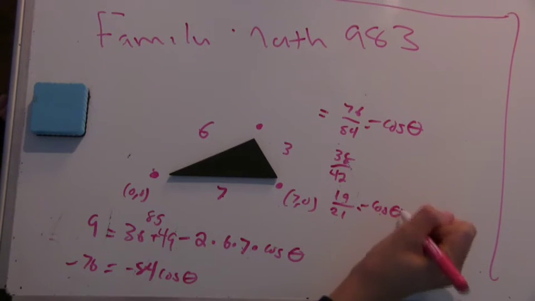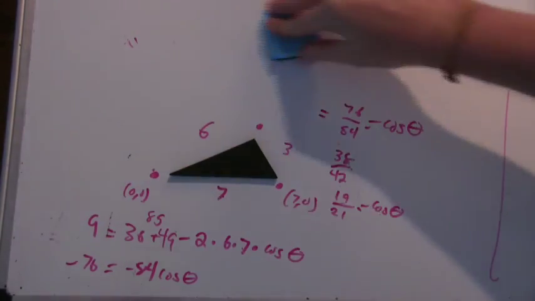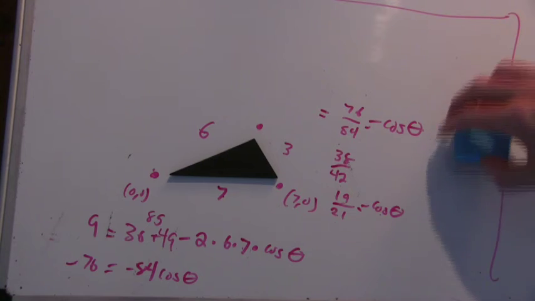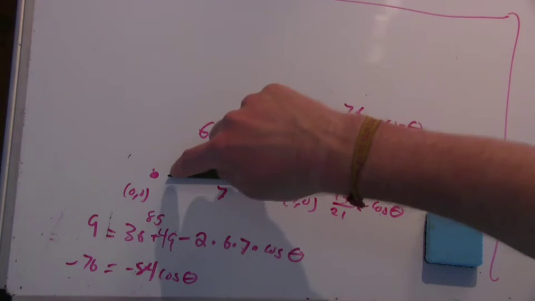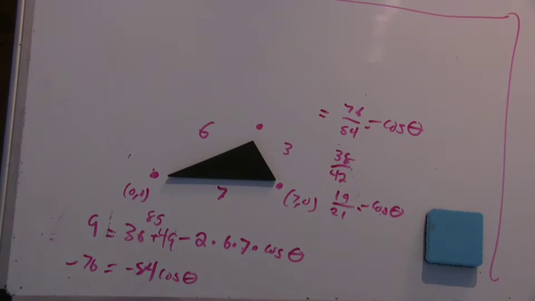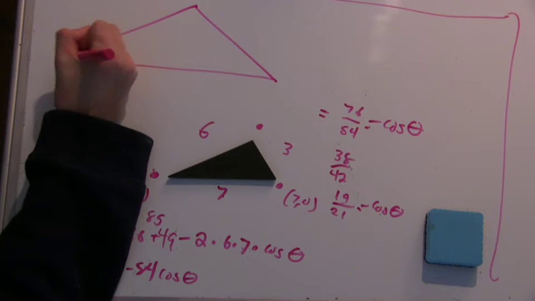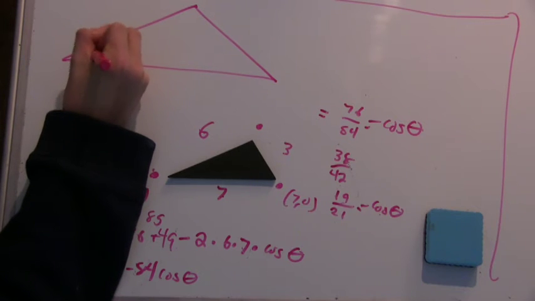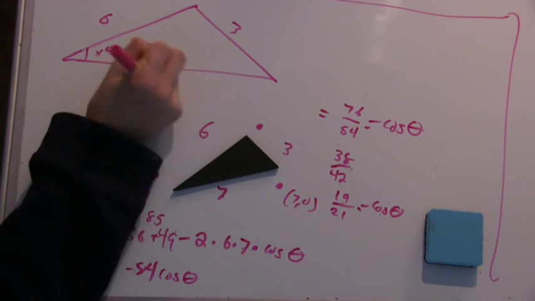Now, we're not going to go through all the calculations, but why don't you draw a larger version of that triangle up here. Now that you know that angle, what are you going to do next? So we know this angle, call it x degrees.